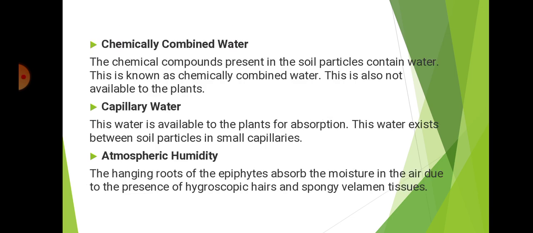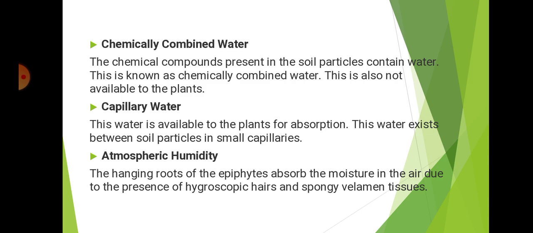And third one is chemically combined water. The chemical compounds present in the soil particles contain water. This is known as chemically combined water. This is also not available to the plants.